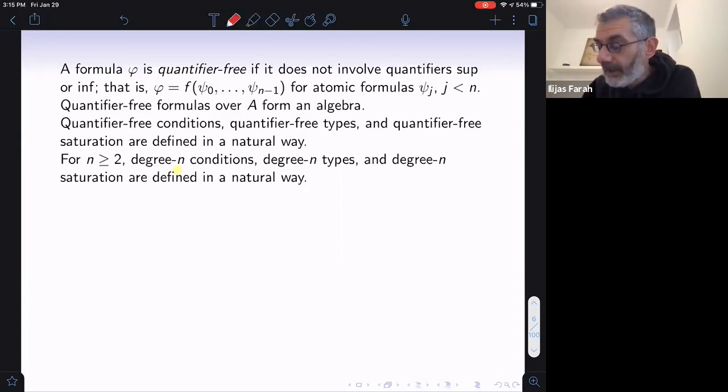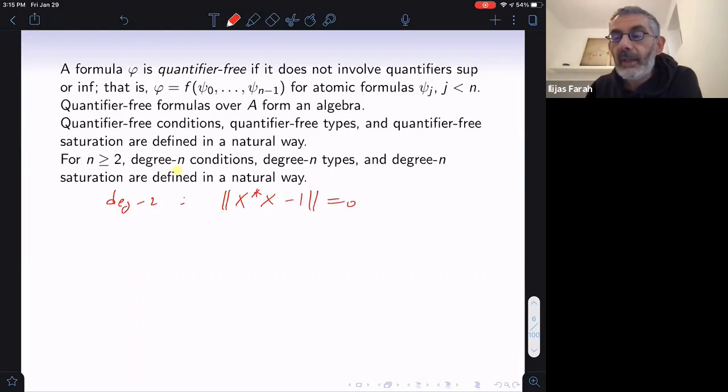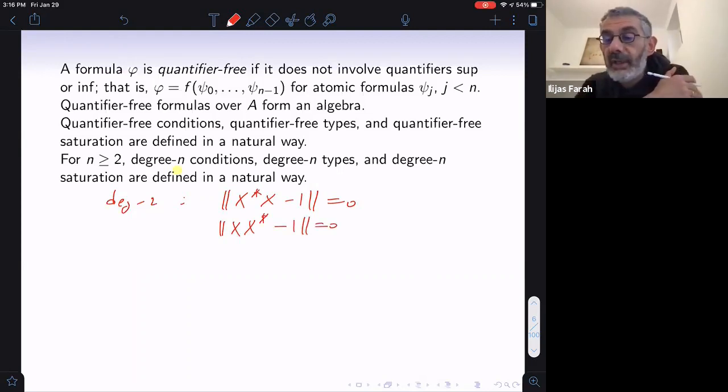One interesting case that we mentioned: a degree 2 condition is something like the norm of x star x minus 1 is equal to 0, a condition which tells us that x is an isometry. And if you add the condition x x star minus 1 is equal to 0, together these two conditions tell you that x is a unitary.